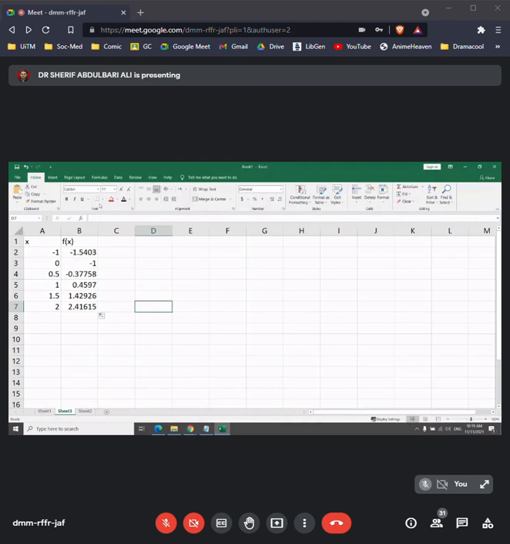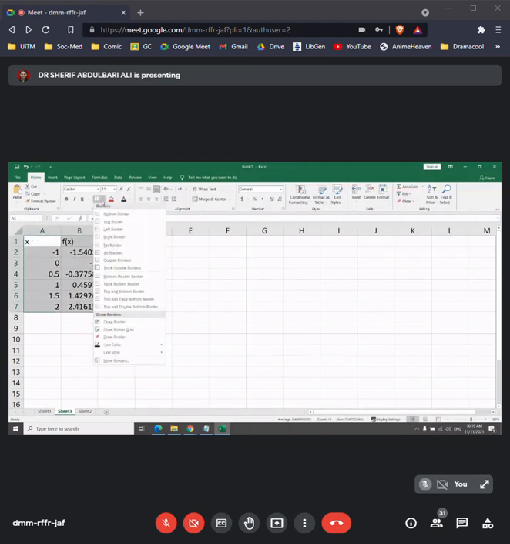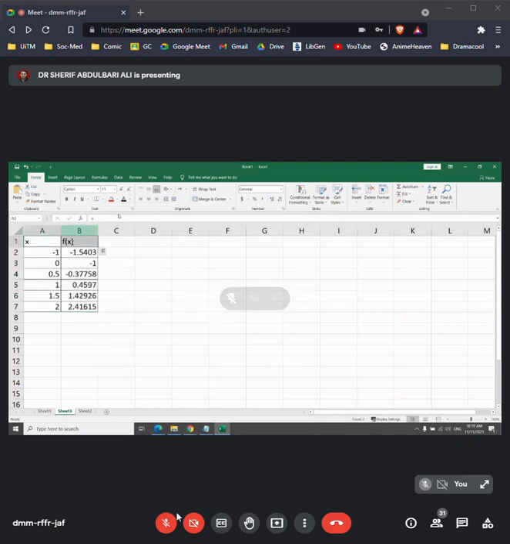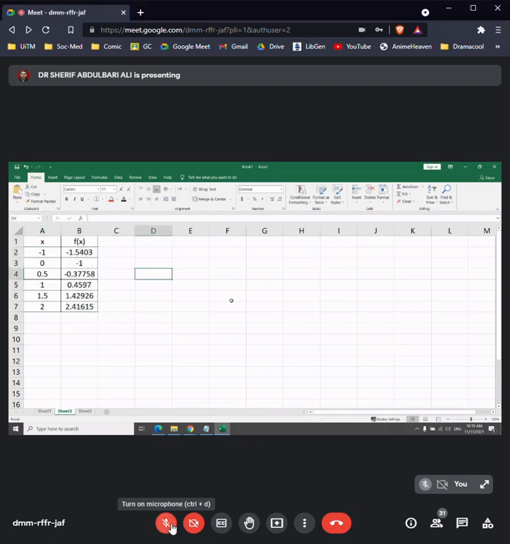So from this table, can someone tell me where exactly my root is going to be? Where is the root of the function here? Can someone tell me, based on what we have learned in the last 3 weeks? Between 0.5 and 1.